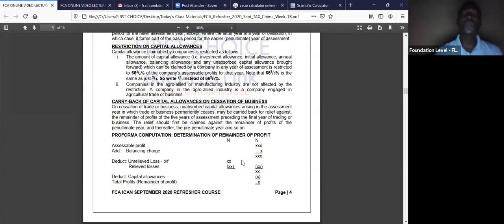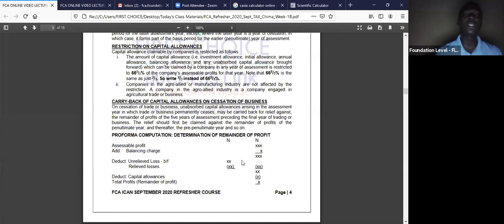So if you have an accessible profit of, let's say, 90,000, 2/3 of 90,000 is 60,000. Your capital allowance will not be more than 60,000 that you can claim. So if you have 80,000 to claim as capital allowance, you have to claim only 60 and carry the remaining 20 forward to the next year.